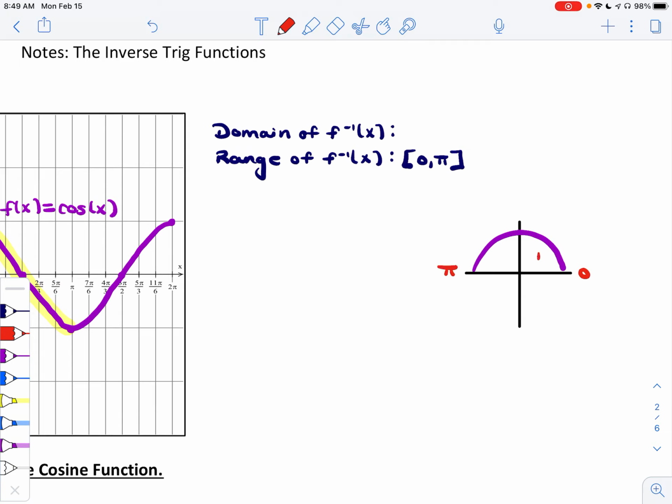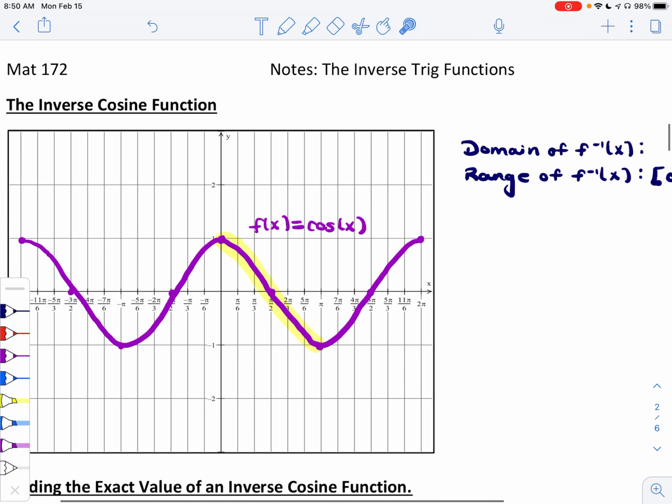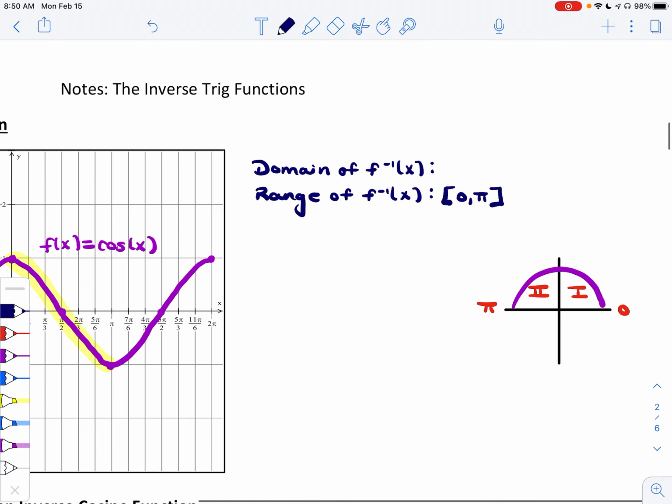So the inverse cosine is always going to give us an angle that's either in quadrant 1 or quadrant 2. And then the domain of the inverse cosine comes from the range of the original cosine, which is from -1 to +1.